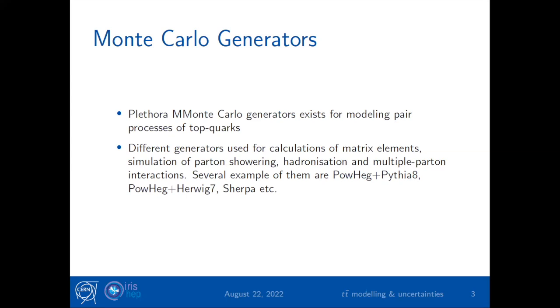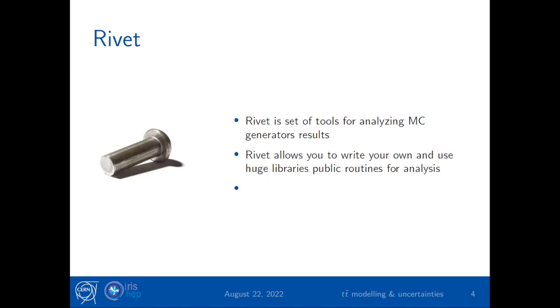Some examples of them are PowHEG plus Pythia and PowHEG plus Herwig and Sherpa, etc. One of the ways of analyzing them is by Rivet. Rivet is a toolkit for analyzing Monte Carlo results.